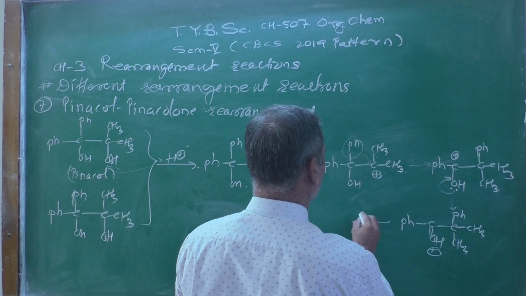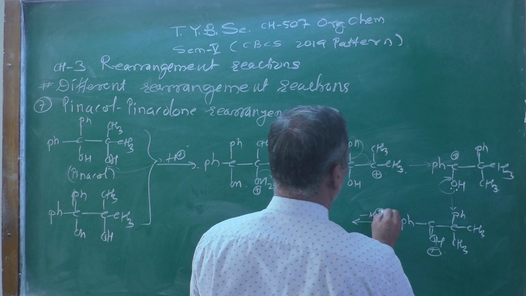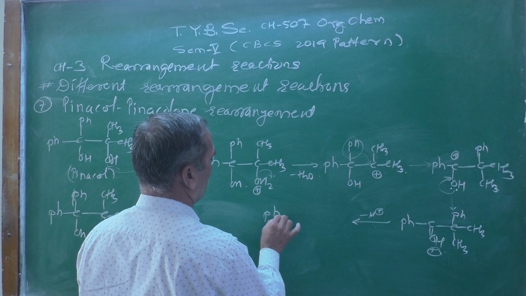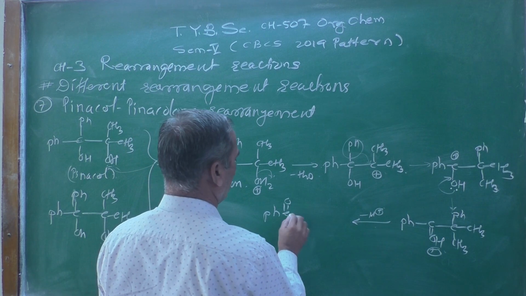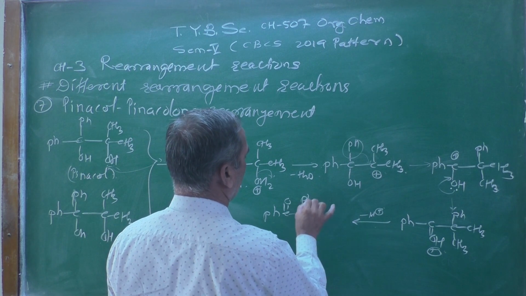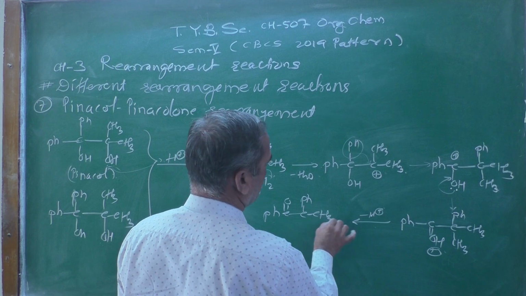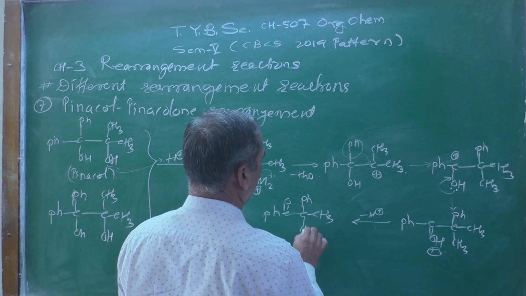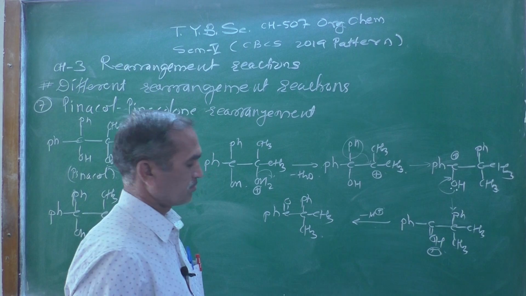After the loss of the proton you will get Ph, C double bond O, then Ph, CH3, and this CH3.